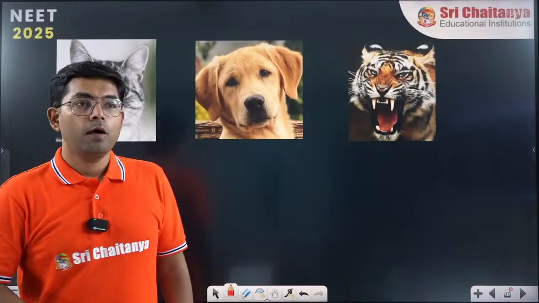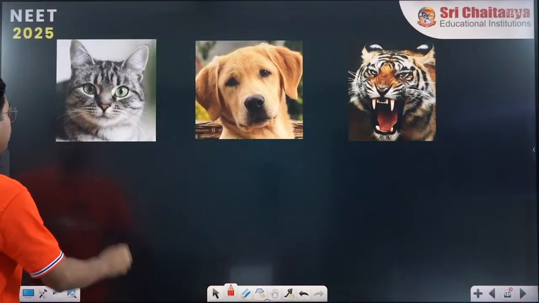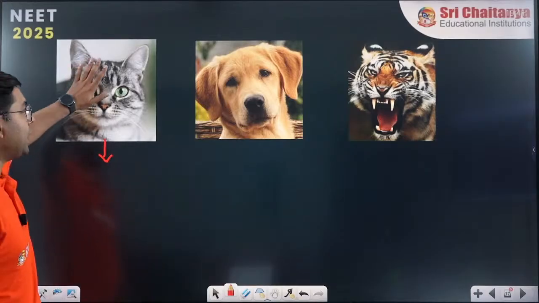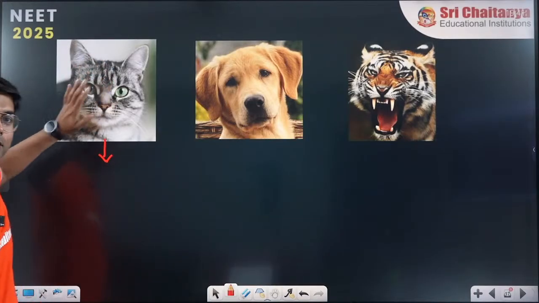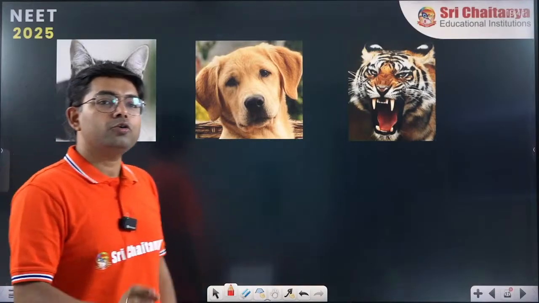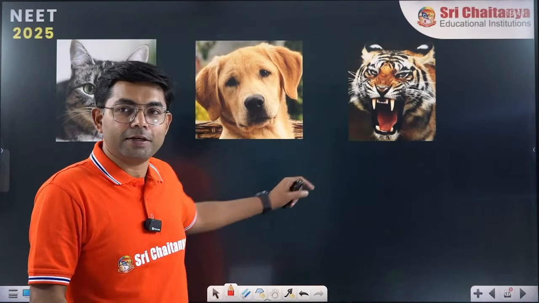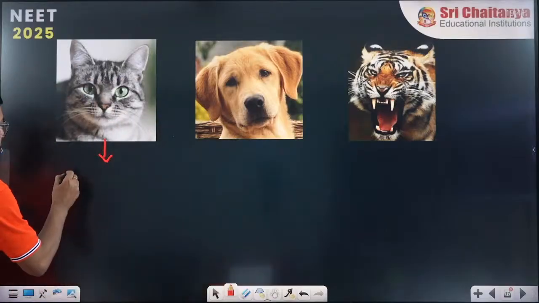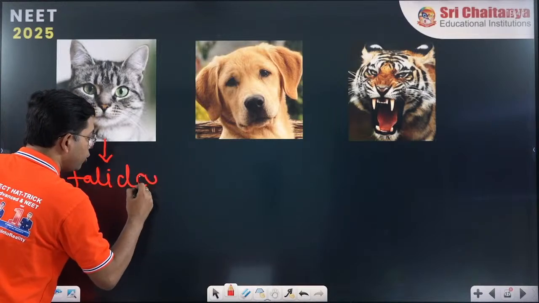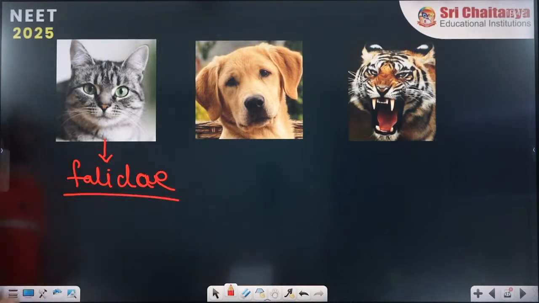Tell me, what is the family of this organism? I am sure all of you will identify this as a cat. Which family does the cat belong to? As we have just seen, the cat belongs to the family Felidae.